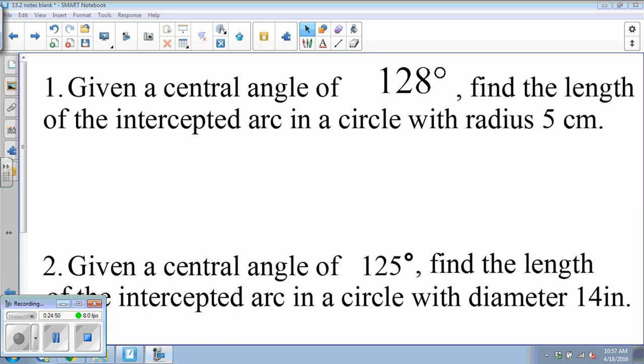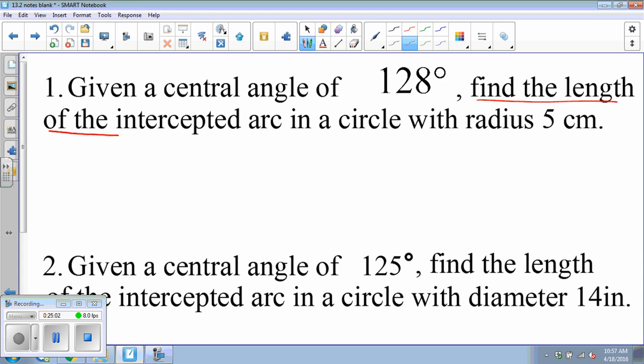Okay, so you should have gotten, or something very close to, 11.15 for number 1 and 15.26 for number 2. So, find the length of the arc. S equals R times theta. S equals, the radius is 5. Theta, you have to find it.